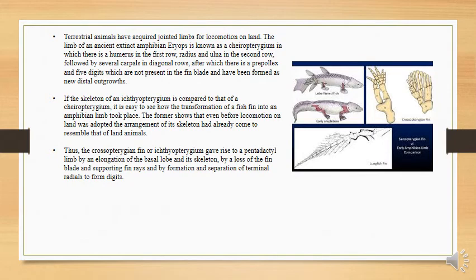Terrestrial animals have acquired jointed limbs for locomotion on land.